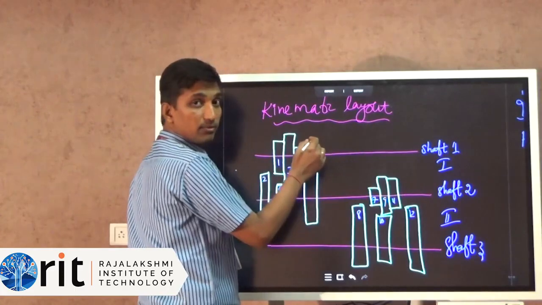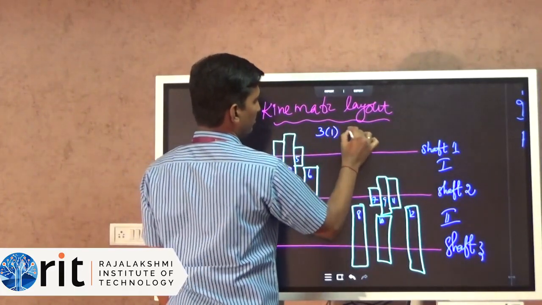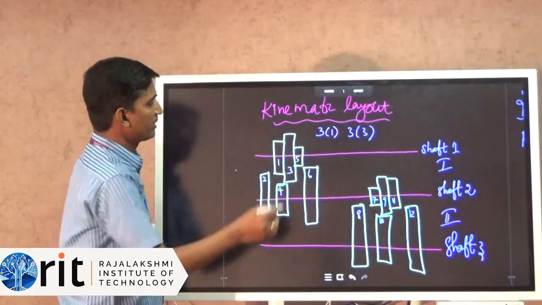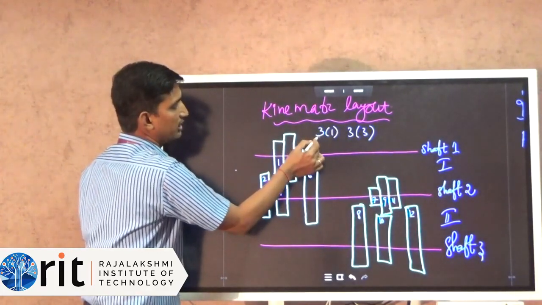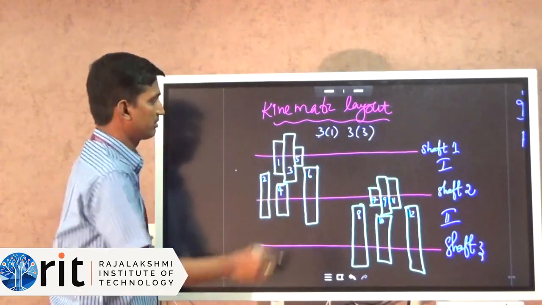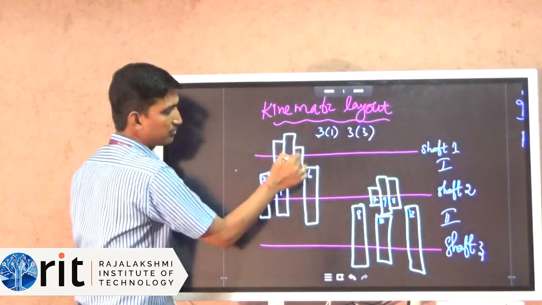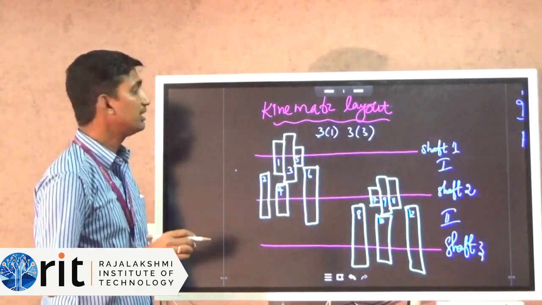Again, for your understanding purpose, I will write the structural formula. Here, these are the active or live gears. Since it has three, I am going to make three sets of gears. These gears are called active gears or live gears.